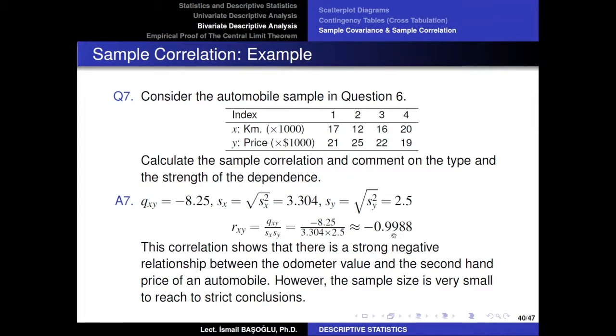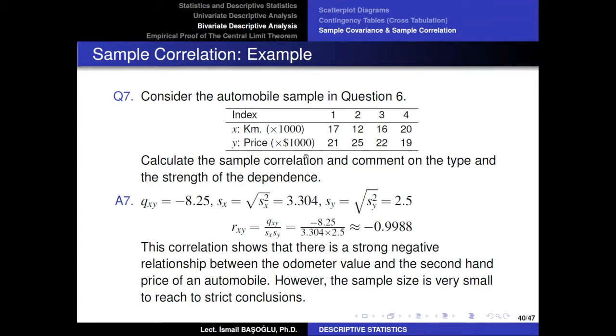Such a correlation would indicate a strong negative relationship between the two variables. As one of them increases, the other tends to decrease. However, remember, our sample size is very small to reach this strict conclusion. Even though this value is very close to -1, we should say that there may be a possible negative linear relationship between these two variables.